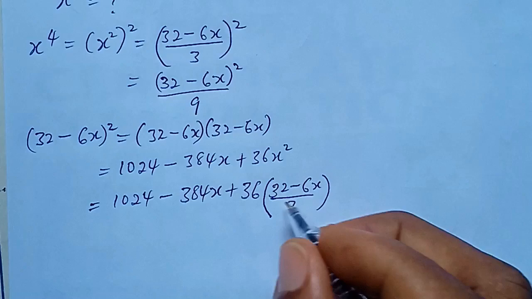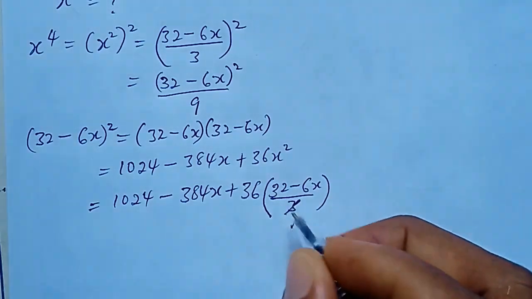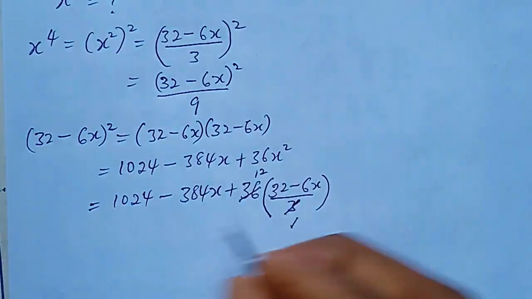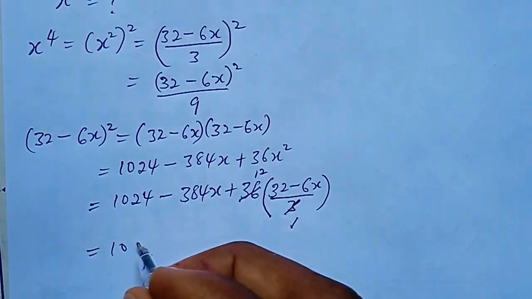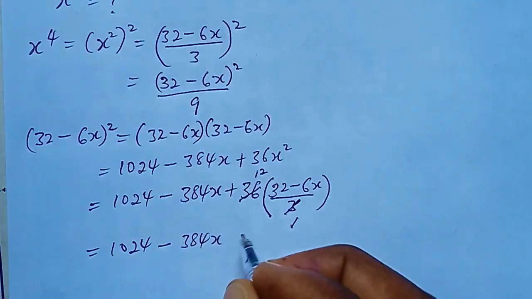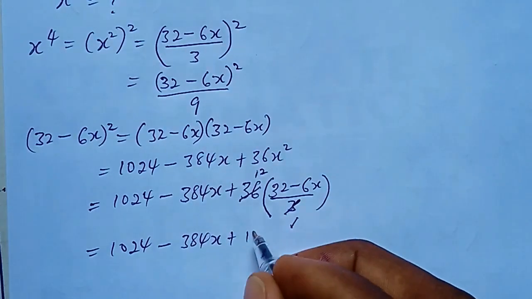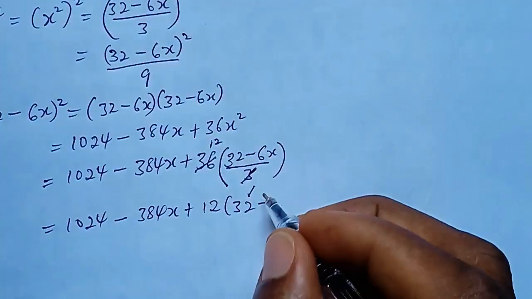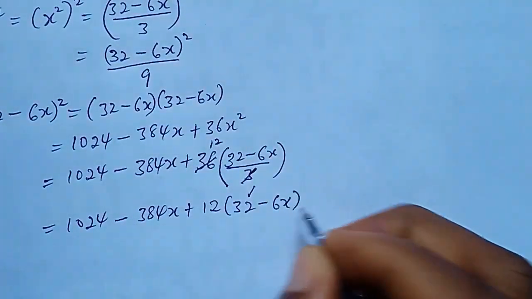We now simplify this: 3 here 1, 3 here 12. Then we now have 1024 minus 384x plus 12 into bracket 32 minus 6x.